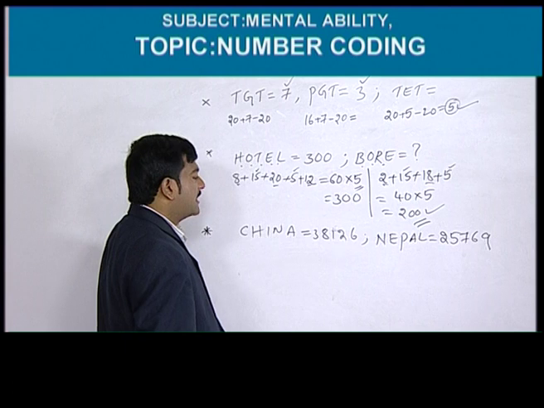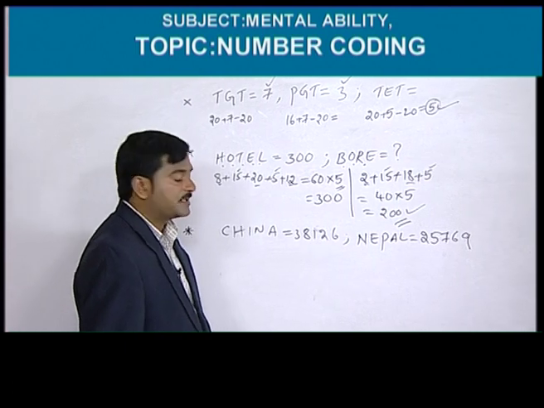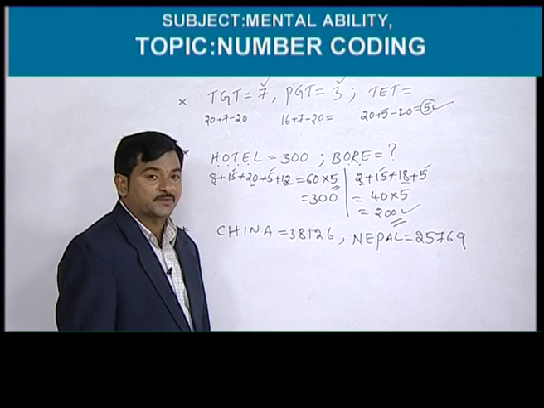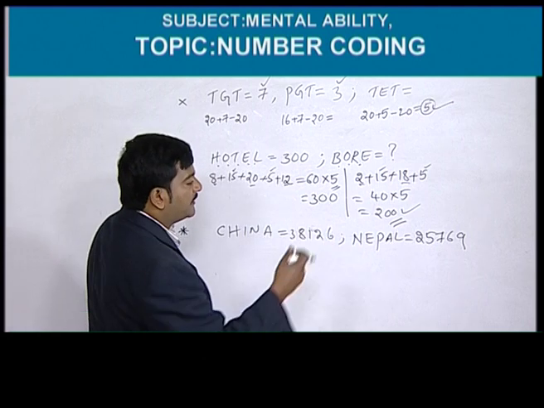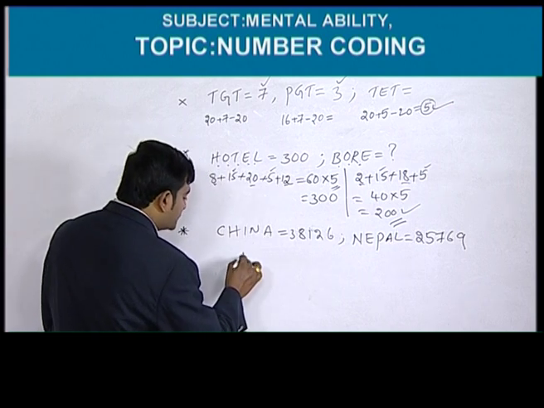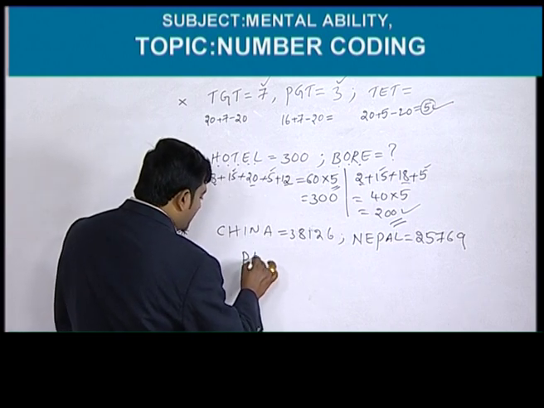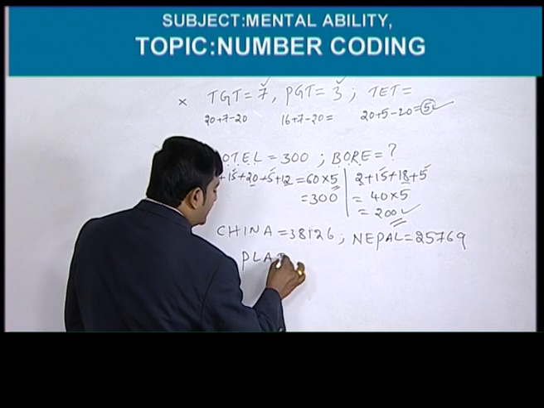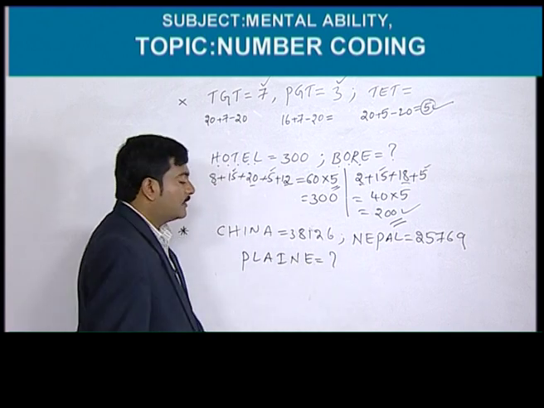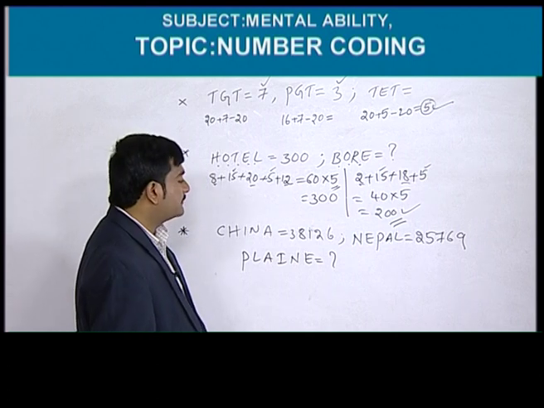I repeat this once again. In a certain code language, China is written as 38126, then Nepal is written as 25769. Then what is the code for the given word PLAINE? He asked to find the code for the given word PLAINE.